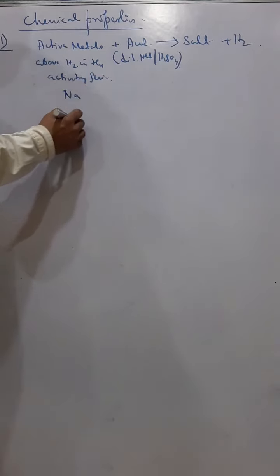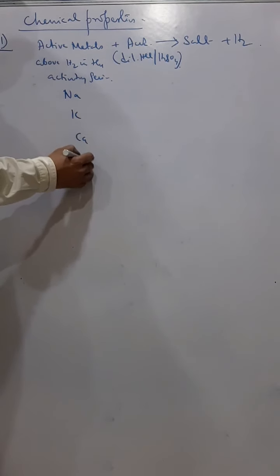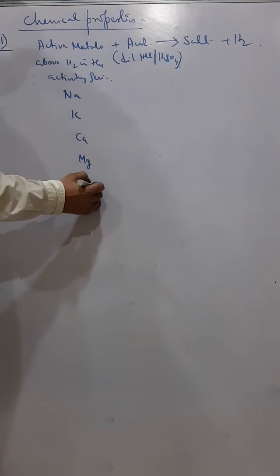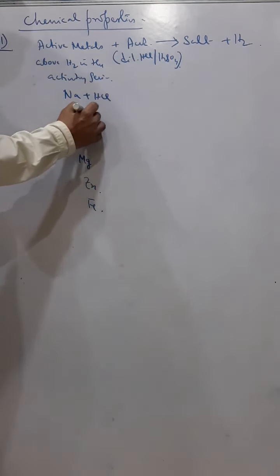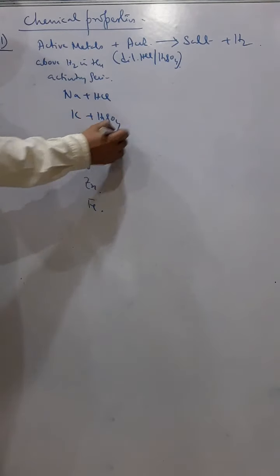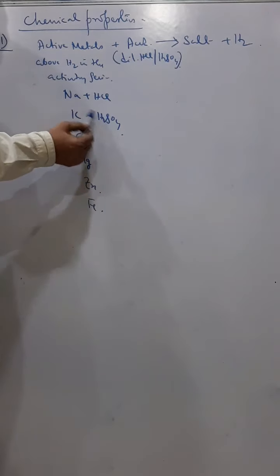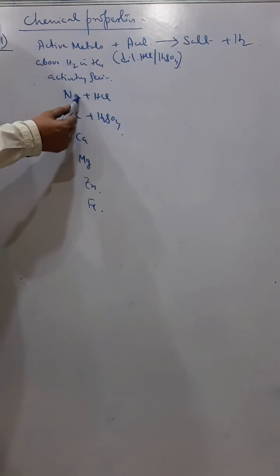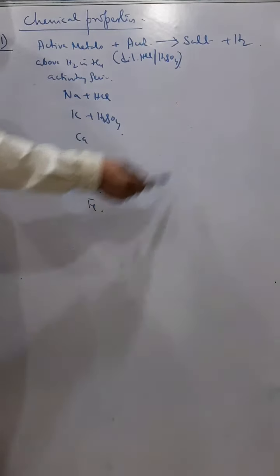Say sodium, potassium, calcium, magnesium, zinc, iron. Now it can be HCl or H2SO4. The only thing is that if you use HCl you will get a chloride, and if you use sulfuric acid you will get a sulfate. So if you use Na plus HCl you will get sodium chloride. If you use Na plus H2SO4 you will get sodium sulfate.